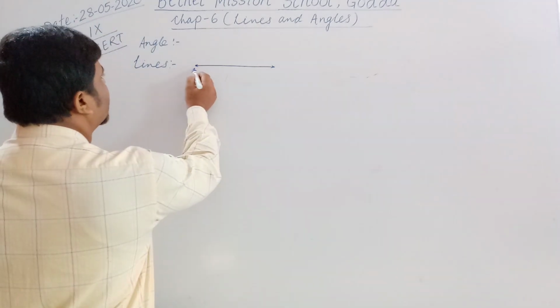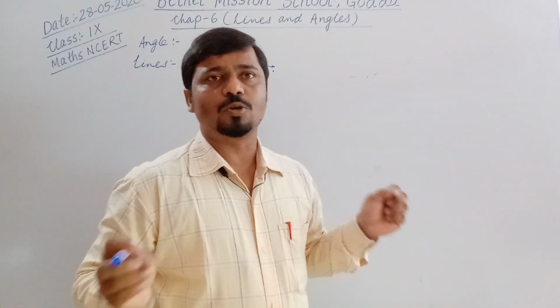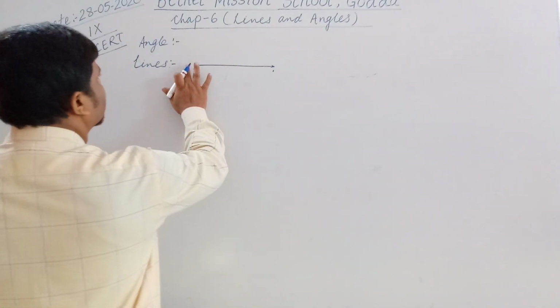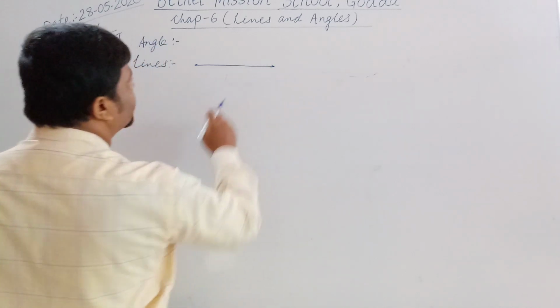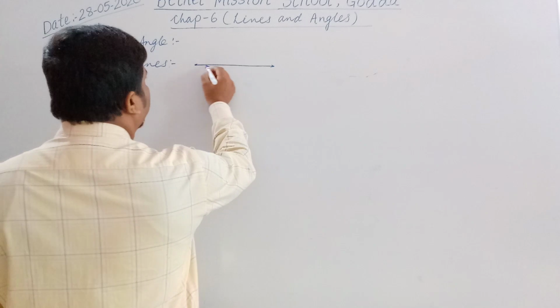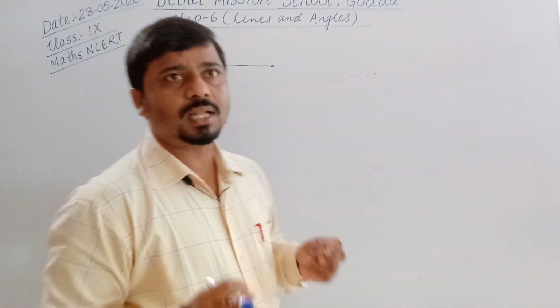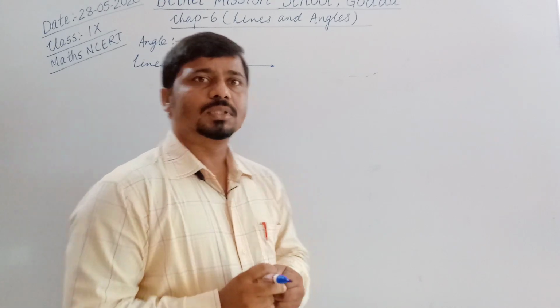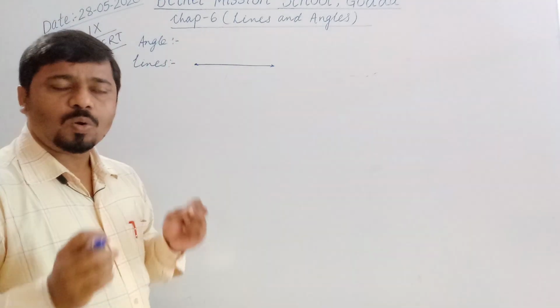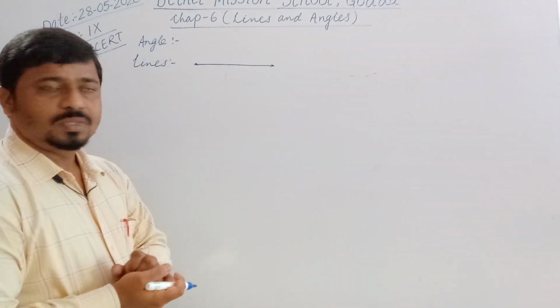This type of diagram is called a line, and it has no breadth. A breadthless diagram which has no endpoints is called a line. Okay?